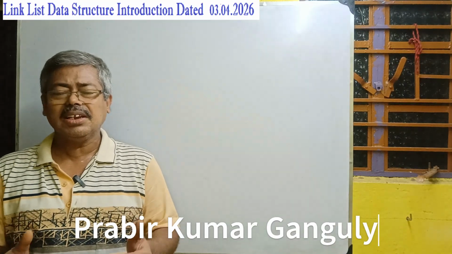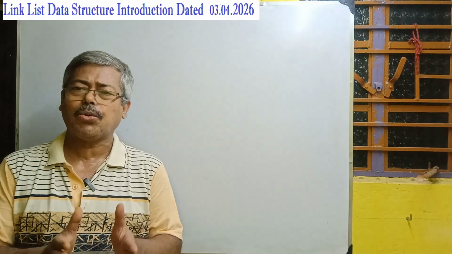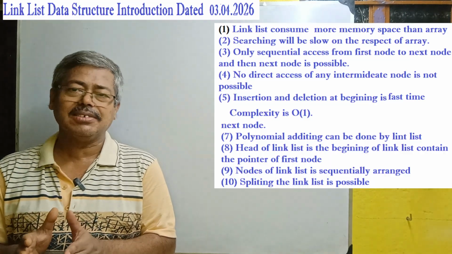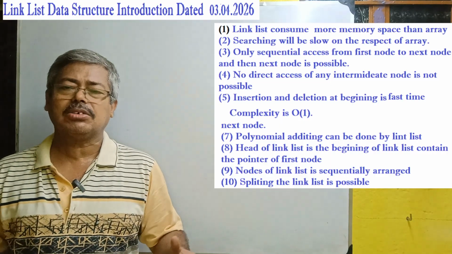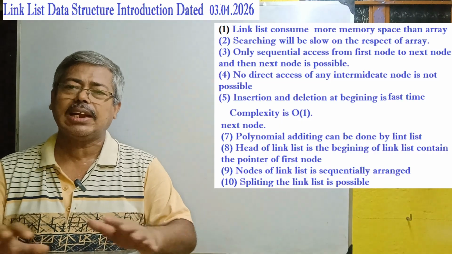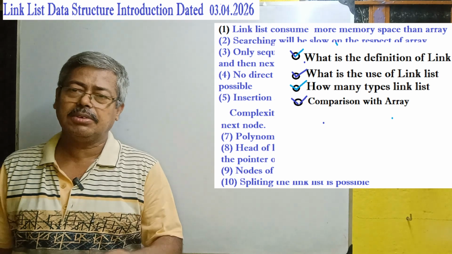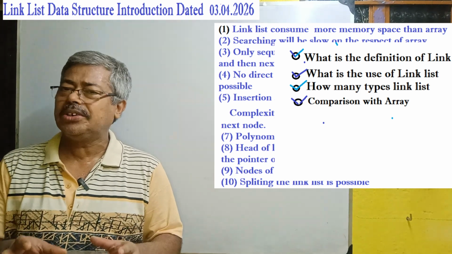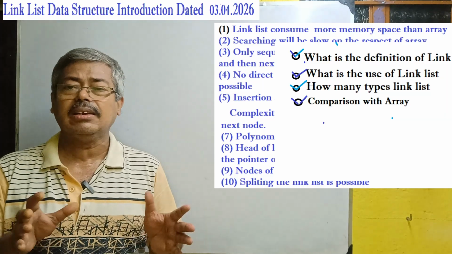A linked list is a data structure where we store the data not in a contiguous memory location but in separate memory locations, different memory locations surrounding the other secondary devices. In this way, we can store the data by using the linked list.